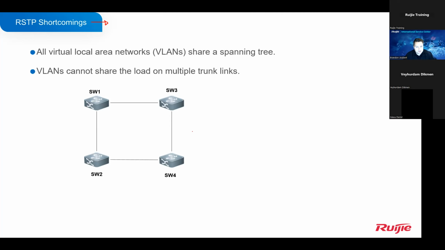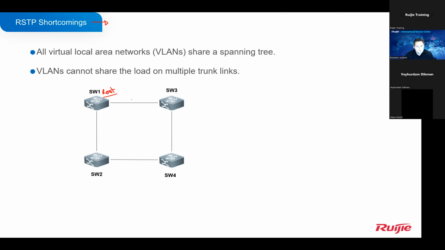So if you look at this network on this slide here, you will see we have 4 switches and there is a loop on the switch. So what RSTP will do is it will elect one root device. So for example, switch 1 will become your root device.